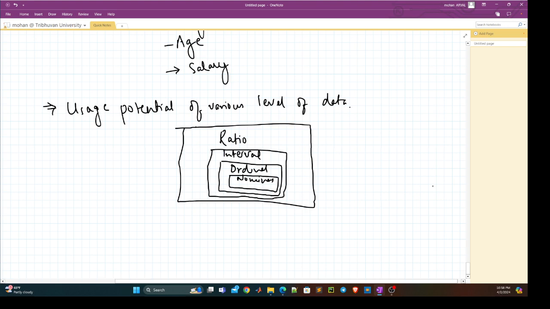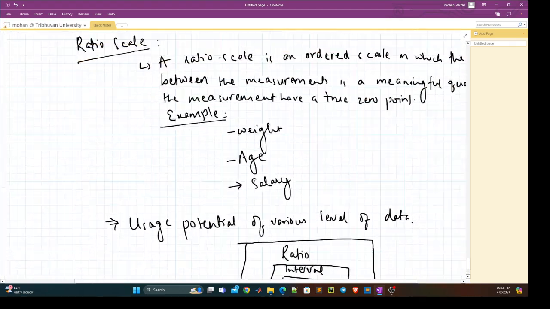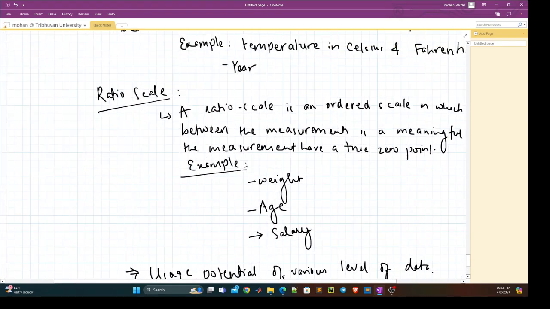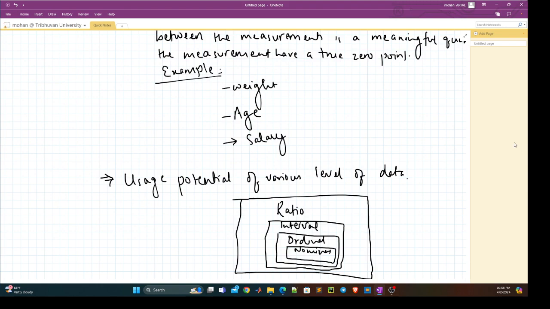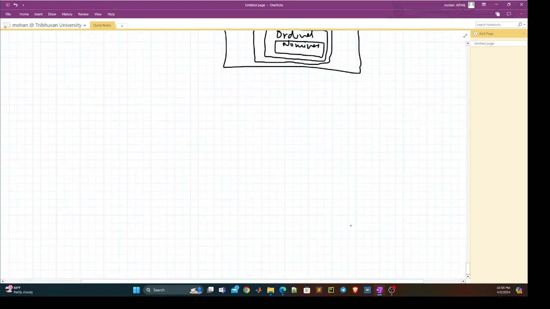The potential of using nominal data is not much, whereas the ratio data has the highest potential of its use, right? If we choose nominal data level, then it will be used for classifying and the statistical method.